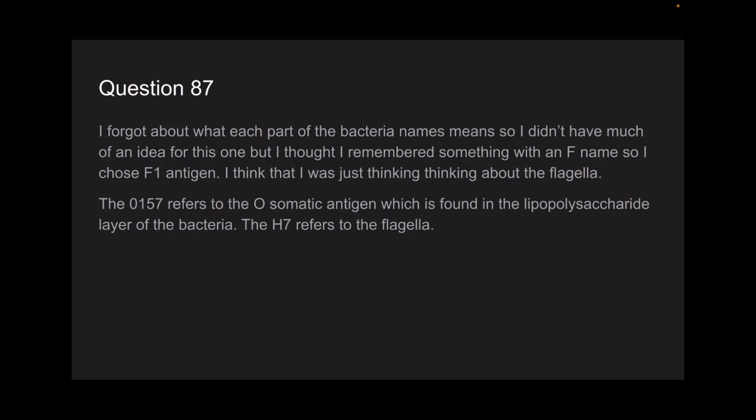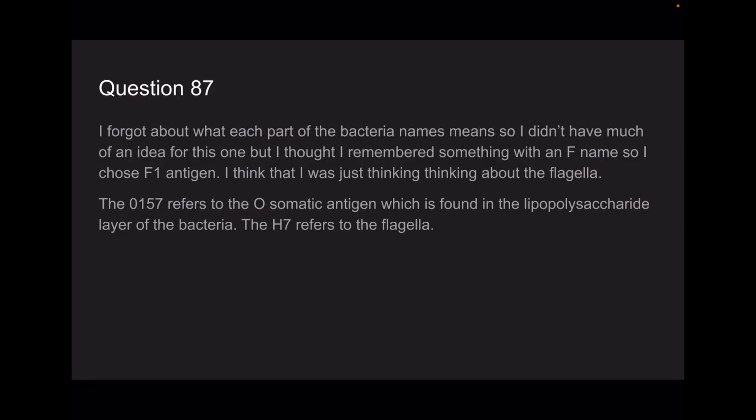This question was asking about E. coli O157:H7. It was asking what the O157 refers to. I forgot what O157 means, but I remember I chose F1 antigen because I remember something with F in relation to E. coli O157.